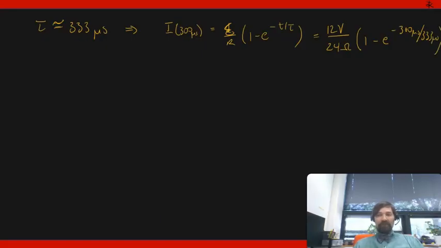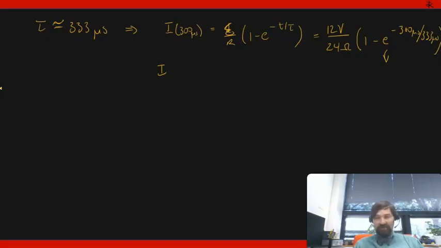So we're putting that into our calculator just to get the exponent terms. If I were to put it in for e to the x, just to save some keystrokes, I have minus 300 divided by 333.